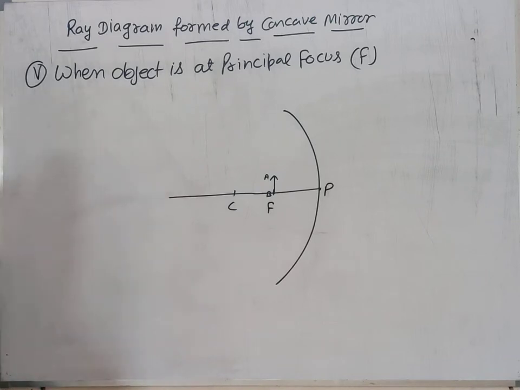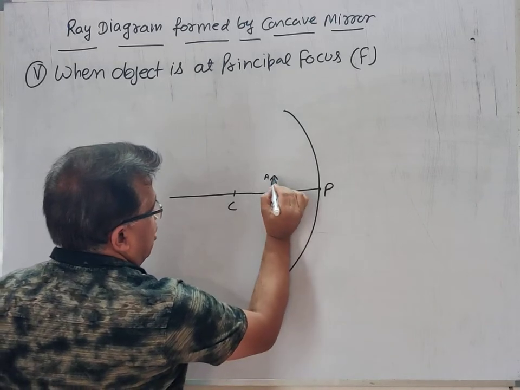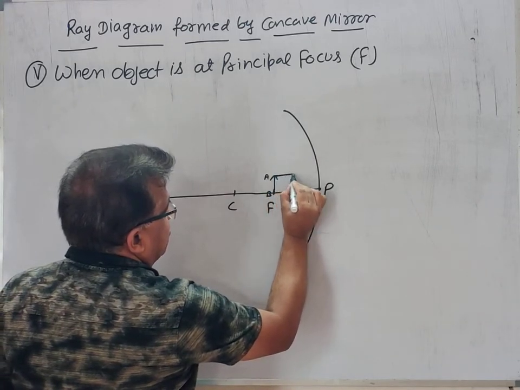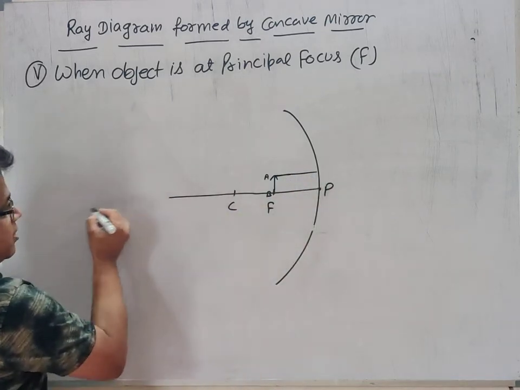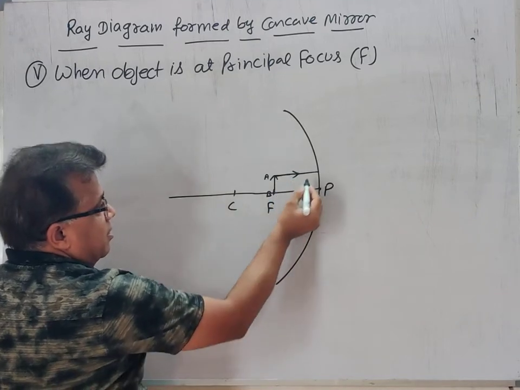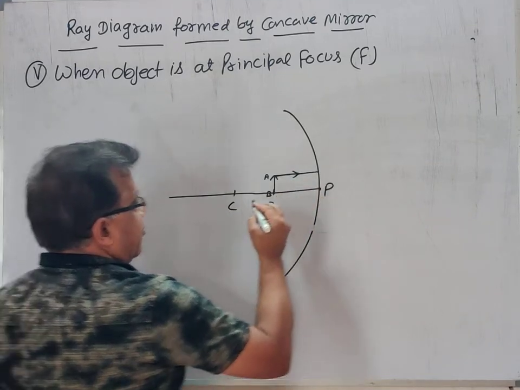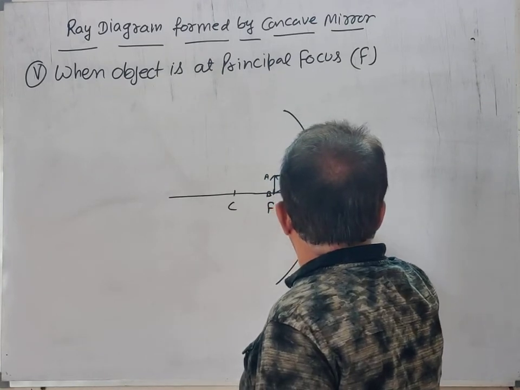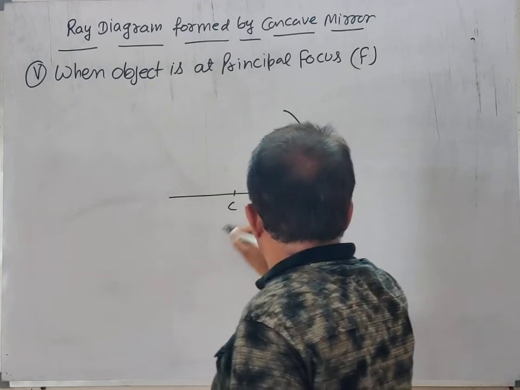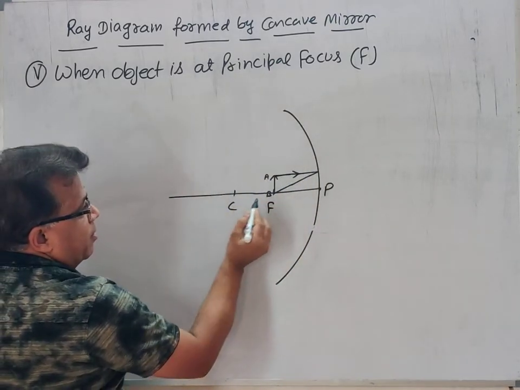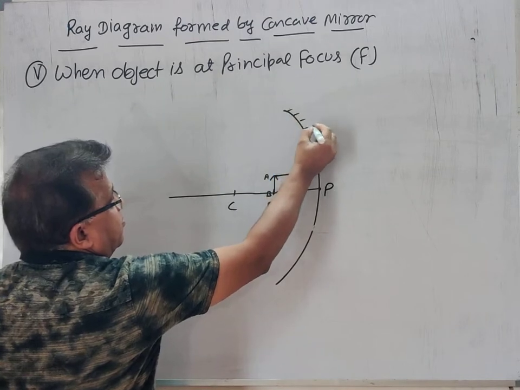Now incident ray, one ray you can show passing parallel to the principal axis, it is the principal axis, and when it is parallel it will pass through the principal focus. So like that, and it will pass straight, and this is the mirror.